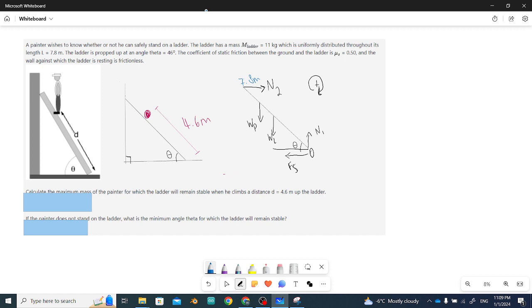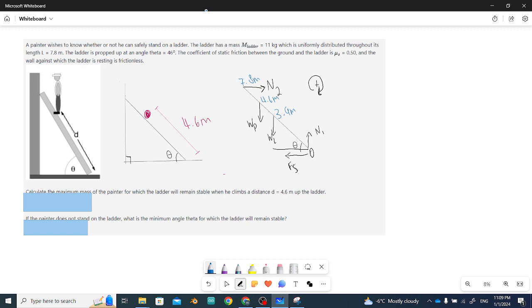The painter is 4.6 meters away. The weight of the ladder, like when you have the weight of something, is always at the middle. So 7.8 divided by 2 would be 3.9. So the weight of the ladder is at 3.9. And that will be pretty much all we need here.